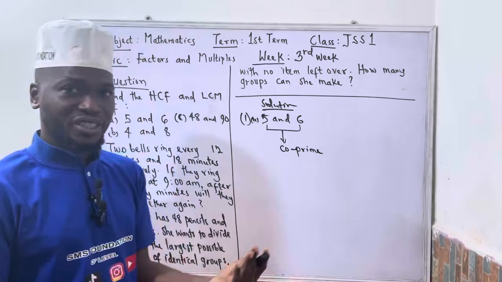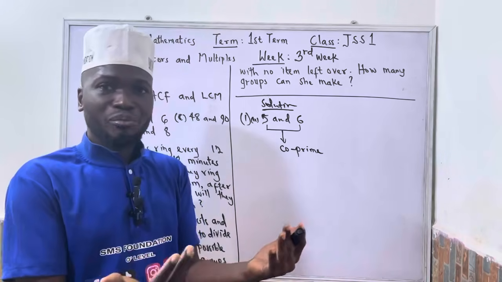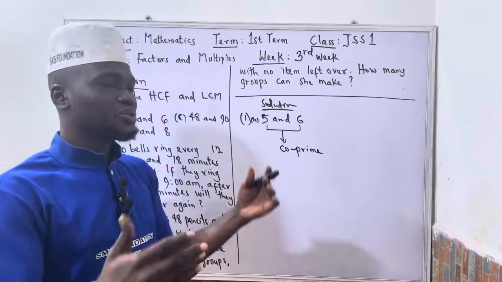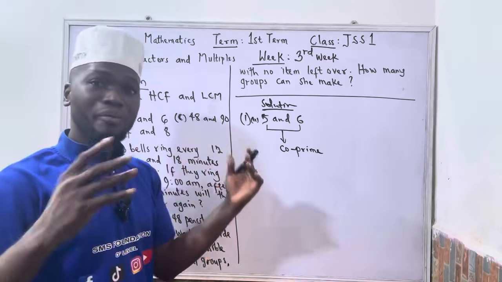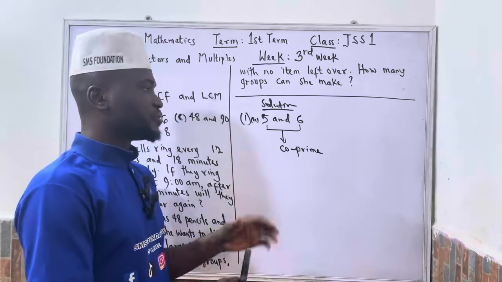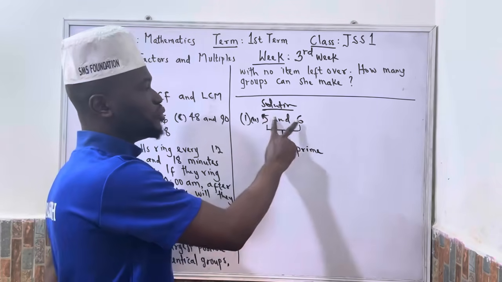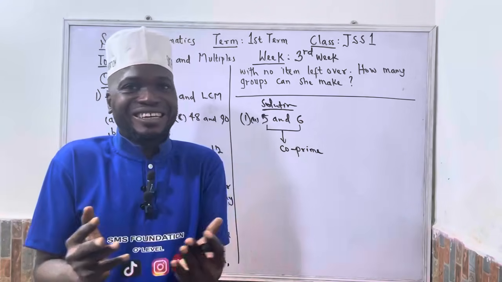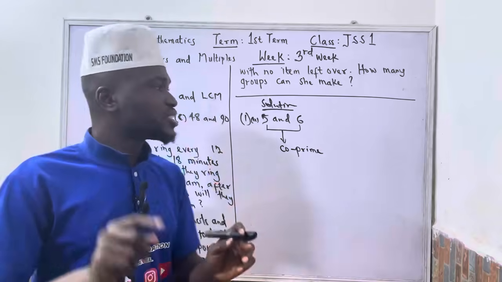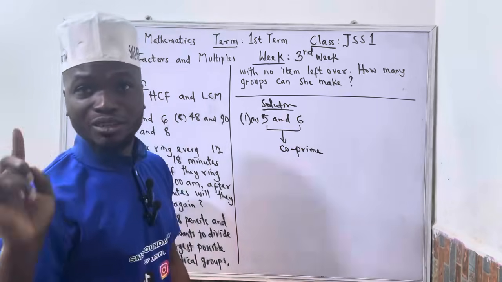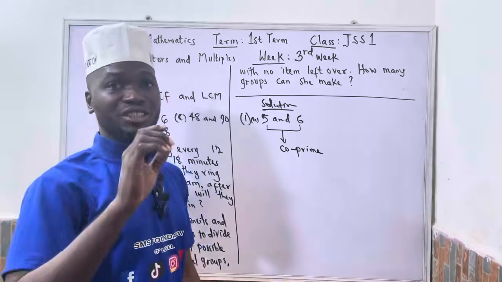When you cooperate, it means you are more than just you, you are many that do that thing. So now, let me say co-prime. That is, both of them together are prime, but if you pick individual numbers, they may not be prime.